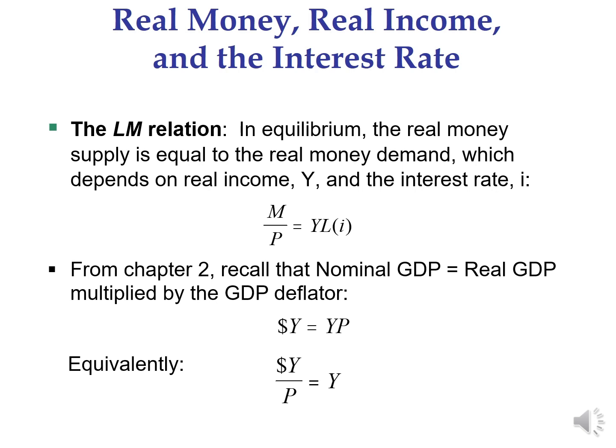So M over P equals Y L(i), the money demand. This is the equation in the LM relation.